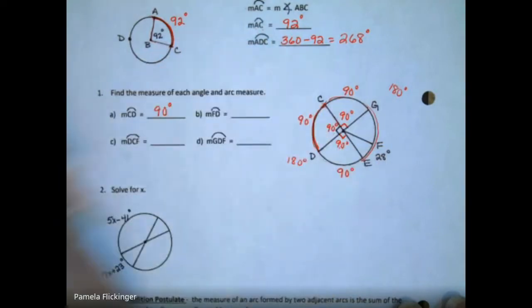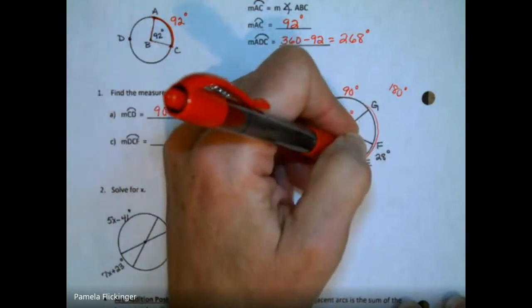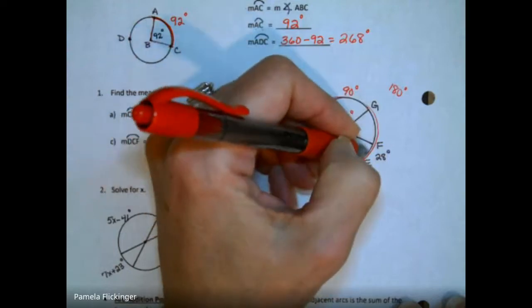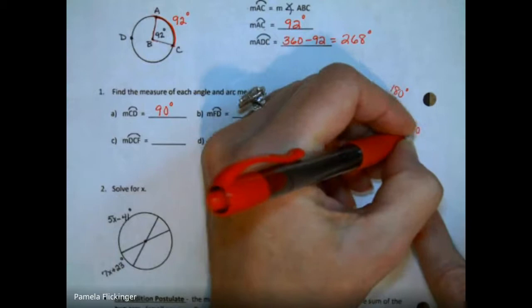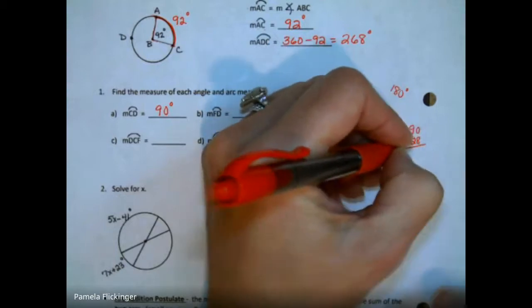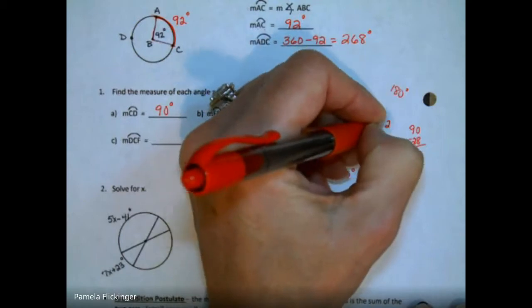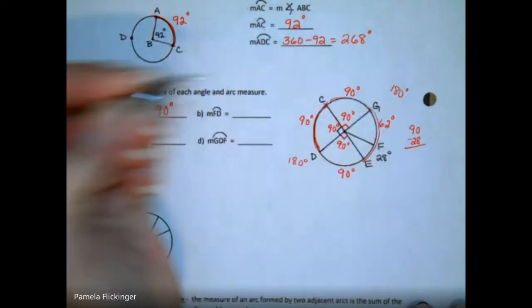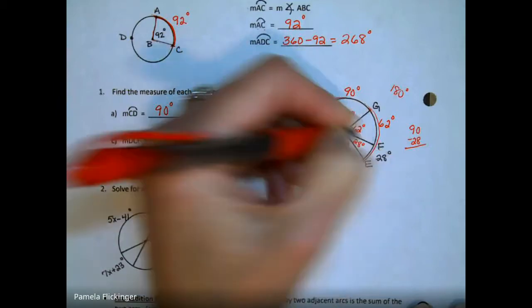So mathematically, if I've got 1, 2, 3 90s, that's 270. And that means from G to E is also going to be 90. So I can just do 90 minus this 28, and that's going to get me G to F. And so that's going to be 62 degrees. So now I've got not only my arc measures, but I've got all these central angle measures as well.